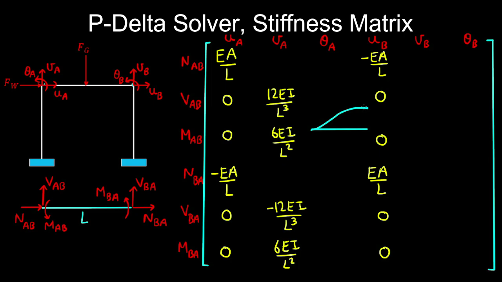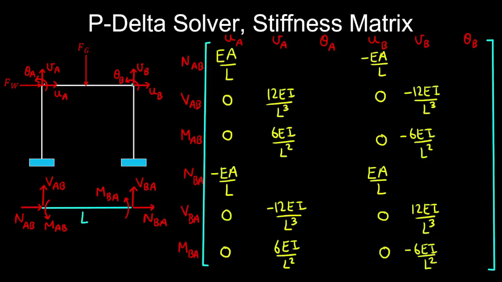So I'll let you do this part as an exercise, and you'll get minus 12 EI on L cubed, 12 EI on L cubed, and the stiffness coefficients corresponding to the bending moments will be minus 6 EI on L squared and minus 6 EI on L squared. And note that in both of these configurations, there's no axial deformation, so the stiffness coefficients corresponding to the axial forces are 0.